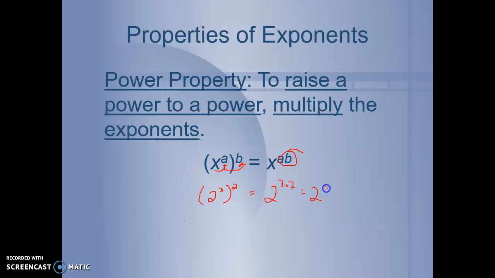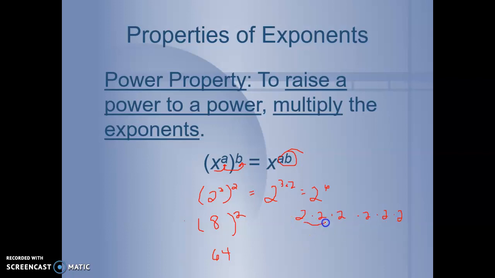To show you that this is in fact true, 2 to the third power is 2 times 2 times 2. Yep, that's 8. Raised to the second power. And 8 to the second power is 8 times 8, 64. If we come over here and we do 2 to the 6th power, 2 times 2 times 2 times 2 times 2 times 2. You can do that on your calculator if you want to verify that it's also 64.